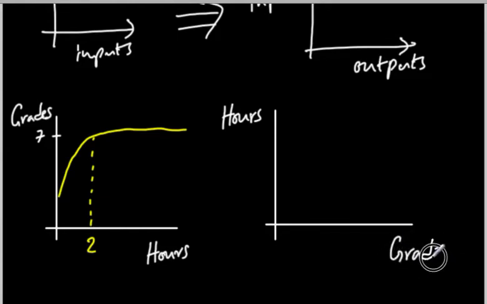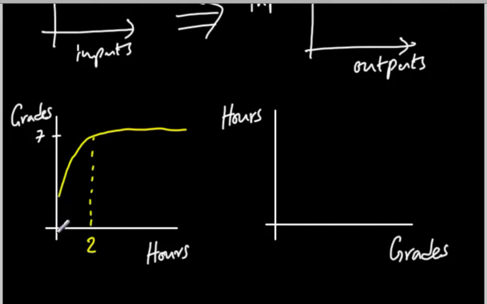And how would that graph look? That graph would actually flip on its own. As the number of hours increases, the grades increase. So what that would look like is something like this.